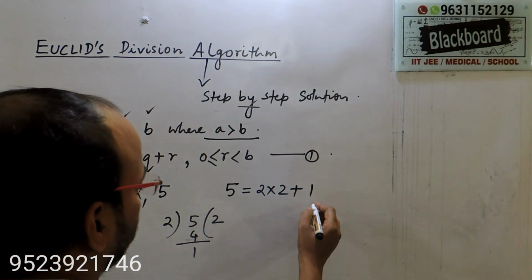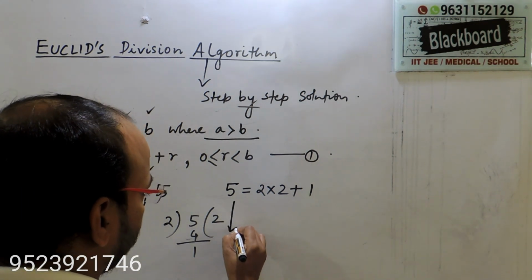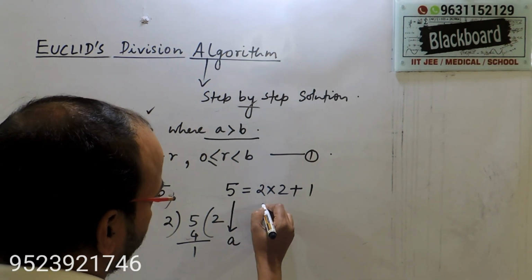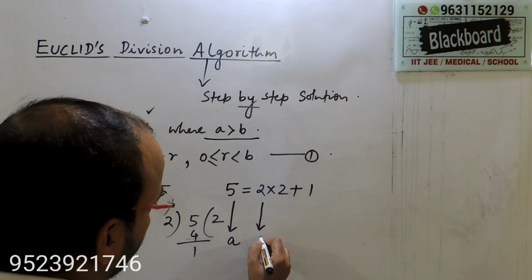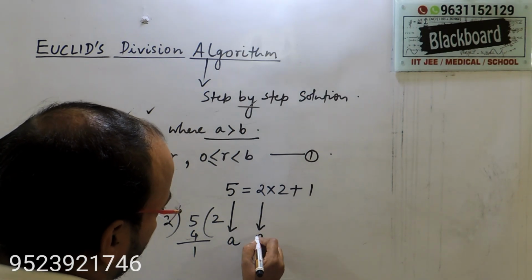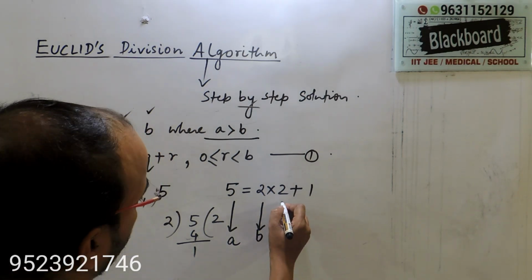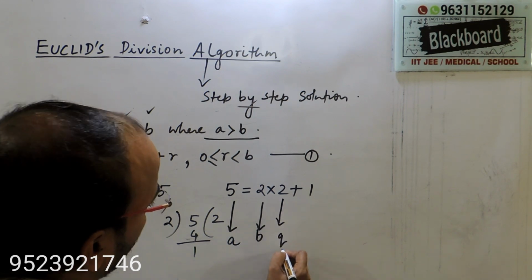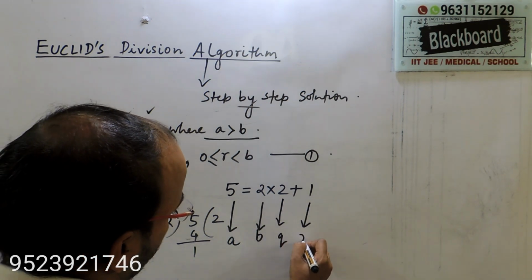So here A is 5 and B is 2, this is Q, and the remainder is 1.